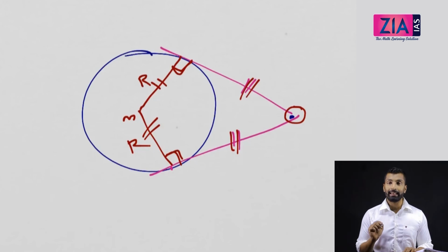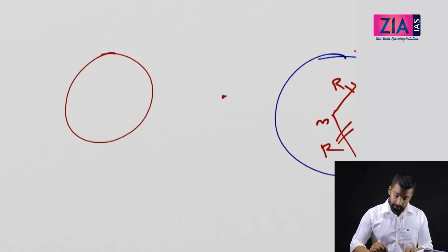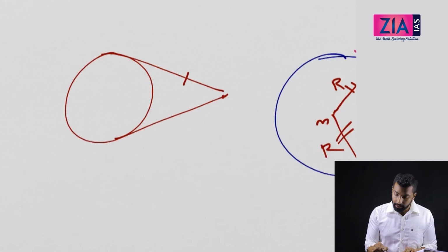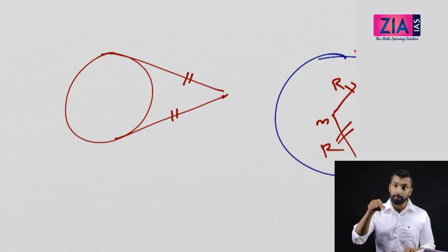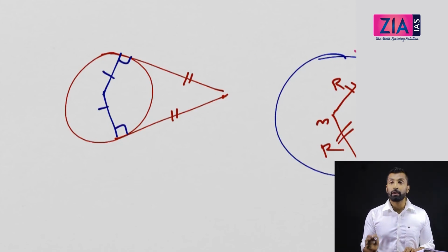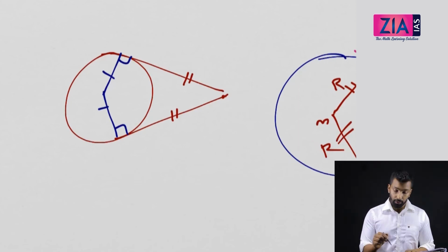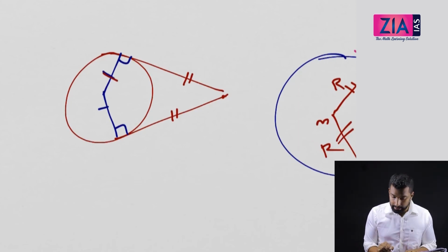What you are getting here is actually a kite. I started with an external point, then joined these two, and the lengths will be equal. Then from the previous property, if you draw from the center, this will be 90, and these two will be equal because they are the radius. Very, very useful property, keep it in mind. So what you are getting is a kite, and adjacent sides are equal.